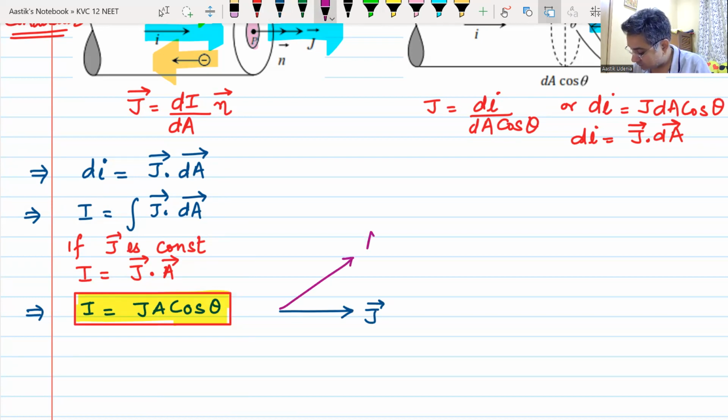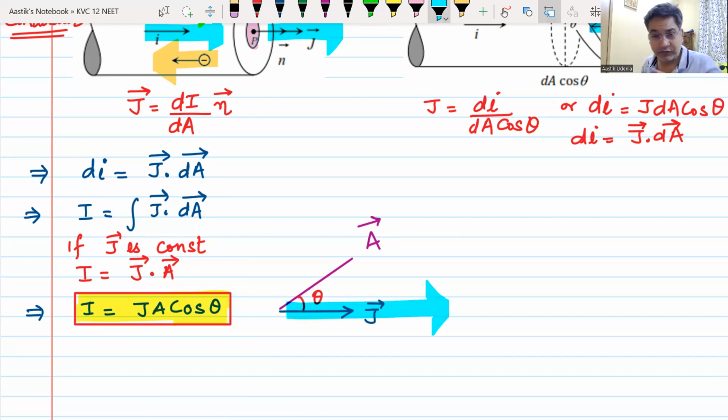Okay. Theta here is the angle between your current density, blue one, and your area vector, the pink one.